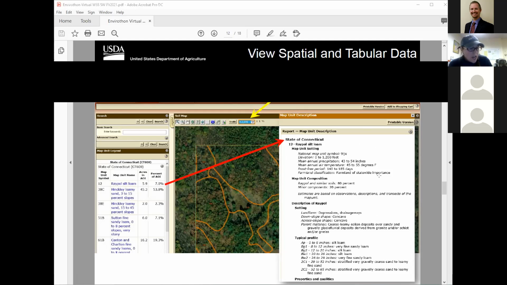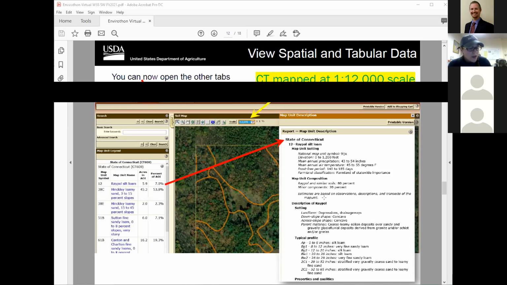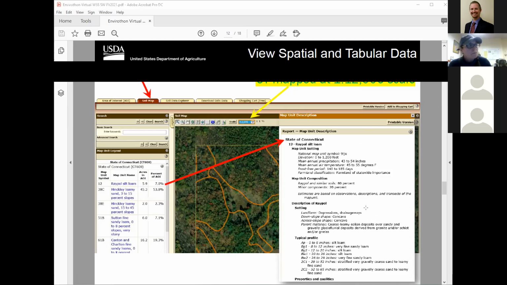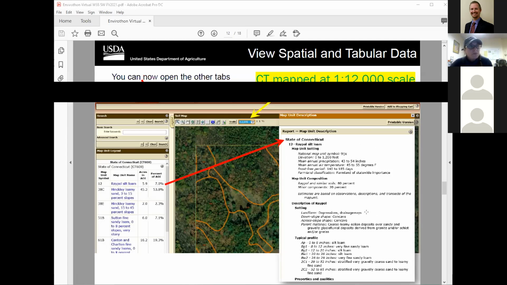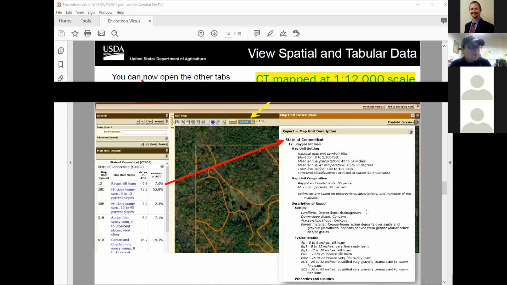So in the chat box, using the map unit description that I have up, list one of the landforms that the Rapel series can be found on. Can you repeat that?